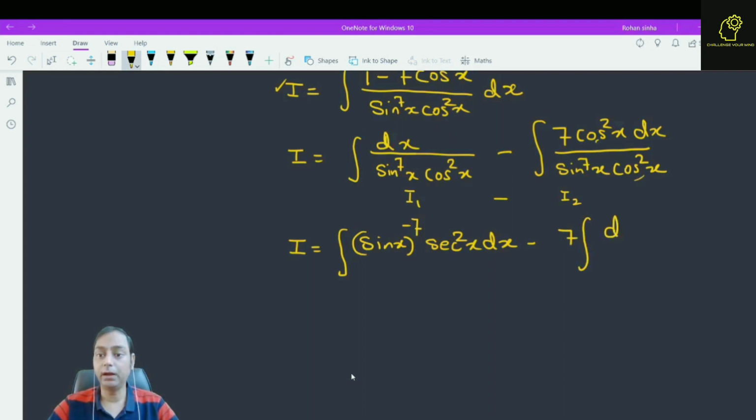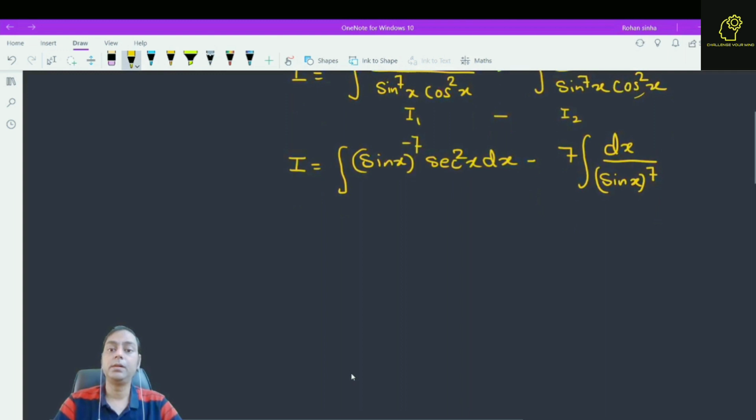This is the integral of dx upon (sin x) raised to 7. Now I am going to apply integration by parts here. Take this as u, this as v. This is the first function and this is sec square x, the second function.